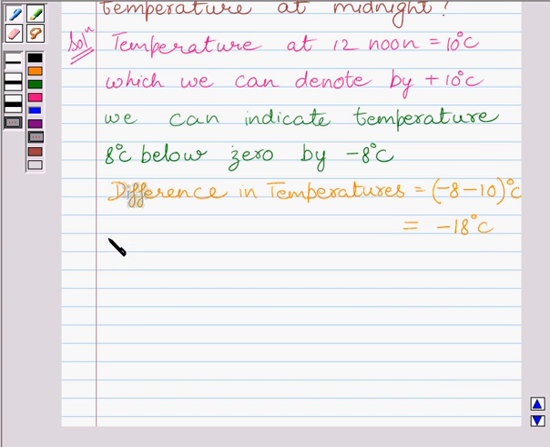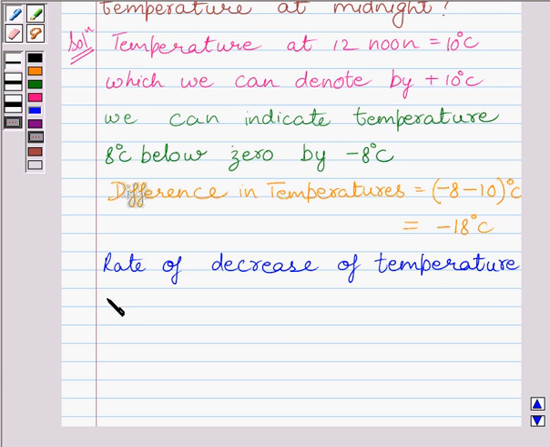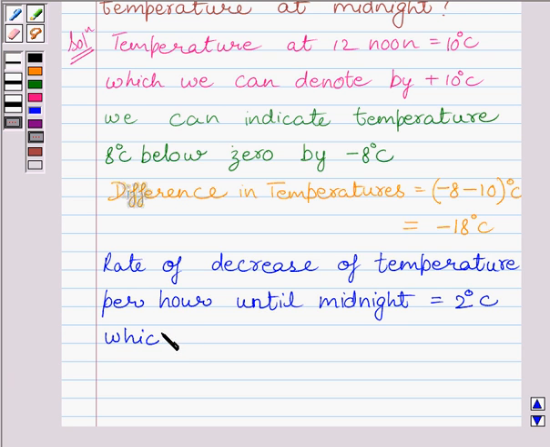So we can write rate of decrease of temperature per hour until midnight is equal to 2 degrees Celsius, which we can denote by minus 2 degrees Celsius.